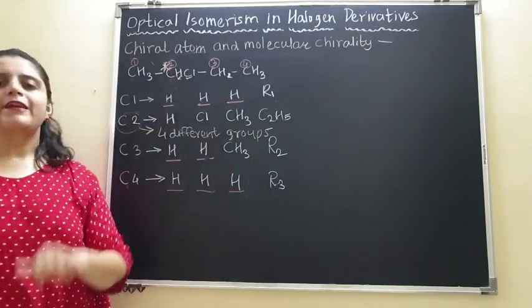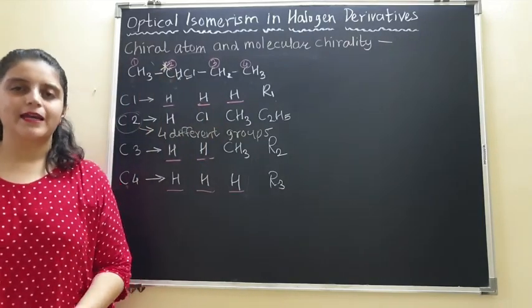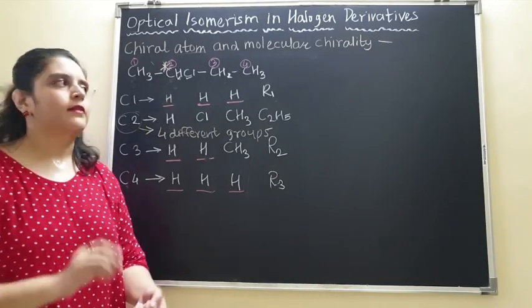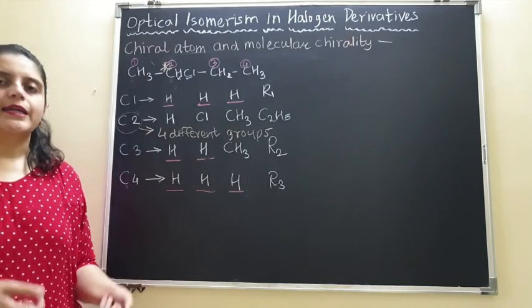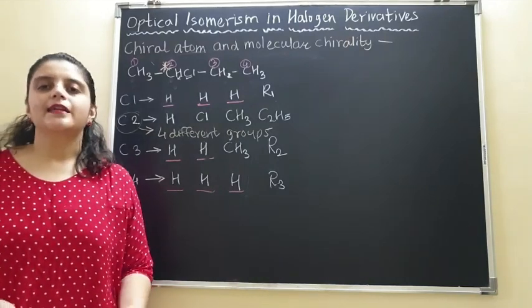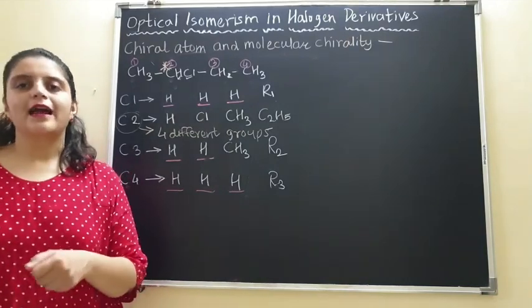So in this structure we have one star-marked carbon atom, which is the chiral carbon. So how do you define a chiral carbon? The carbon atom attached to 4 different groups is a chiral atom.